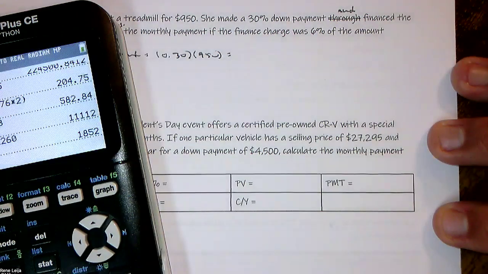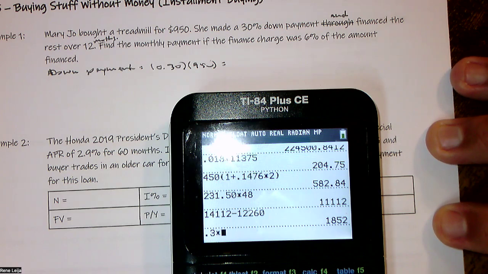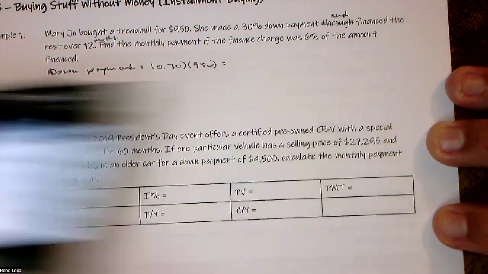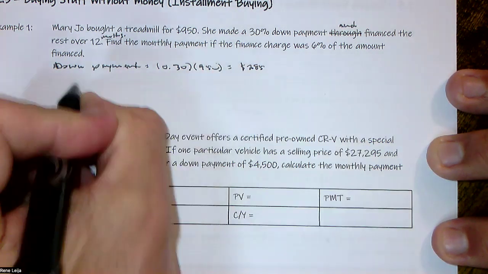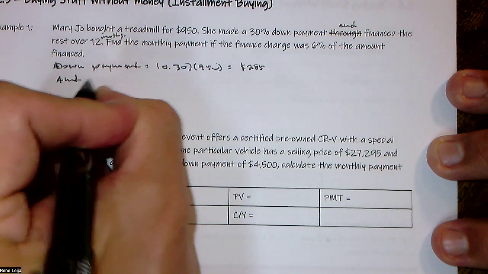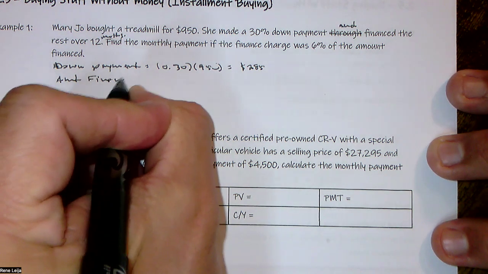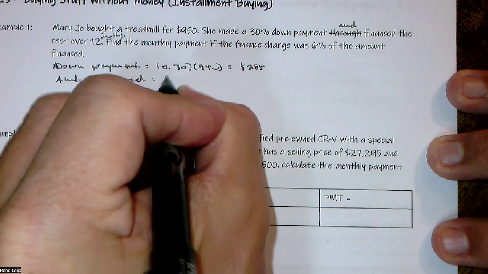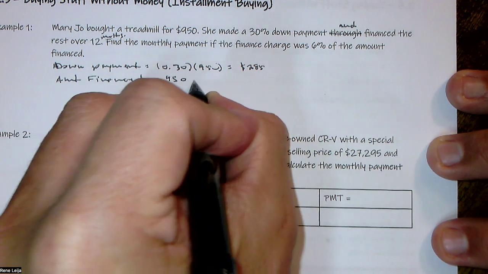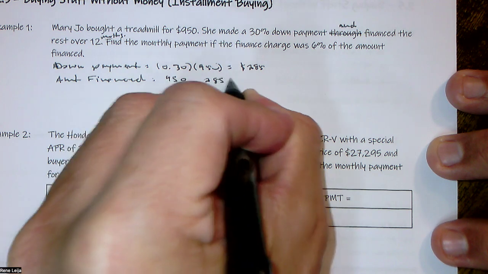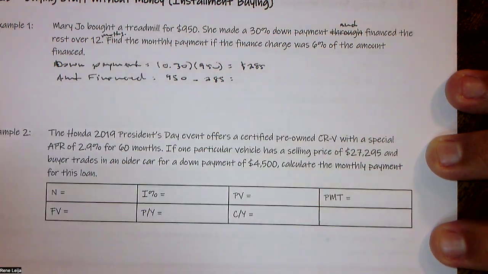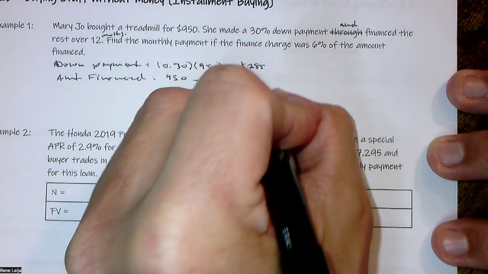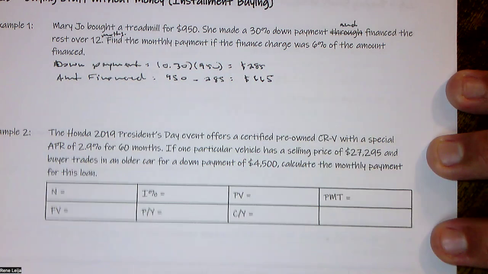And that's going to give us $285. Okay. So the amount financed is going to be the purchase price, the 950 minus the down payment. That's $665. That's how much she's going to finance.